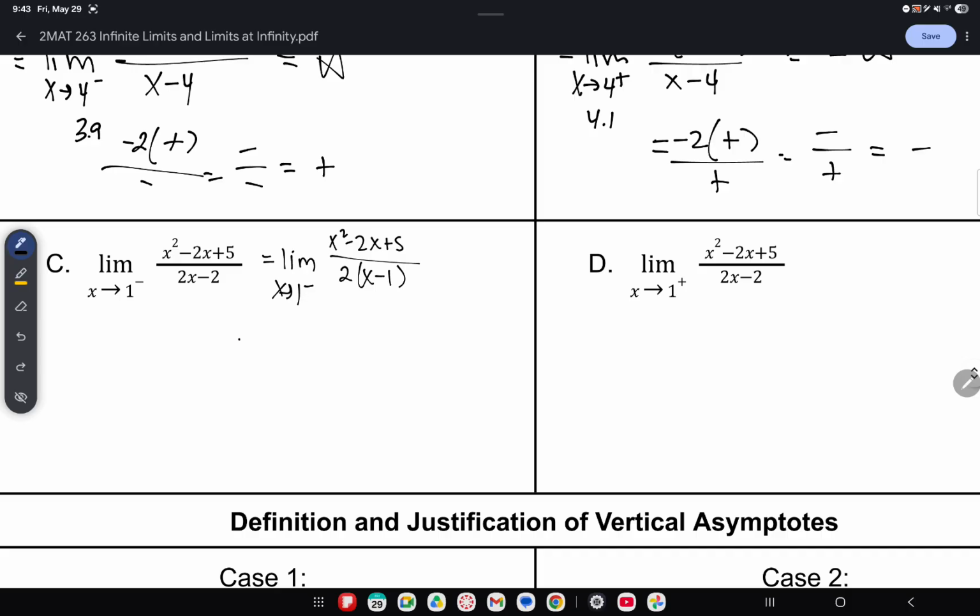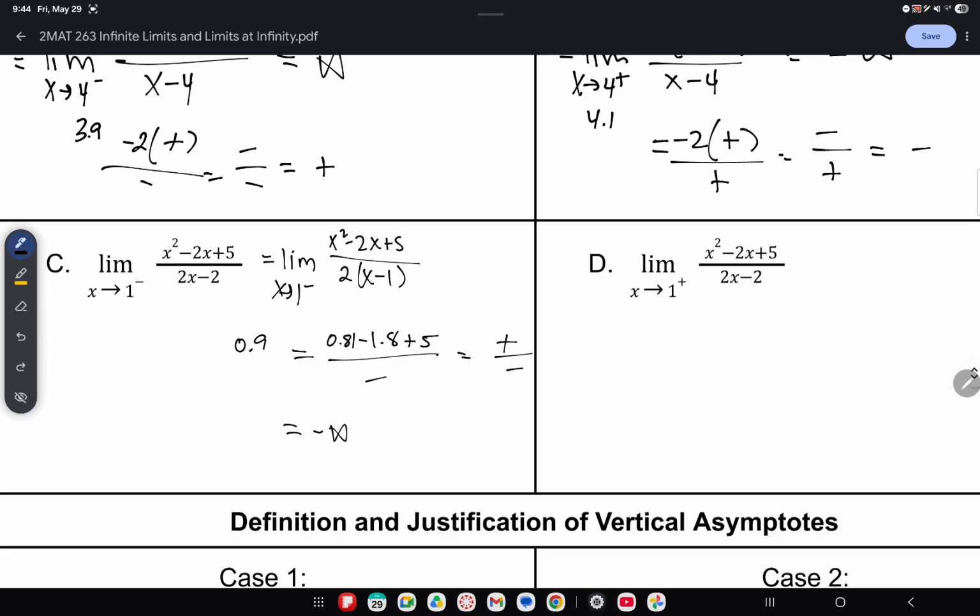So from 1 from the left, how about 0.9? So let's see, 0.9 squared is 0.81, and then 0.9 times negative 2 is negative 1.8, and then plus 5. All of that is going to be positive, and then 0.9 minus 1 is negative. So in the end, this is going to go to negative infinity.